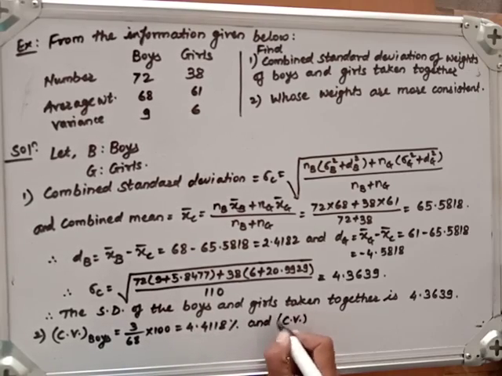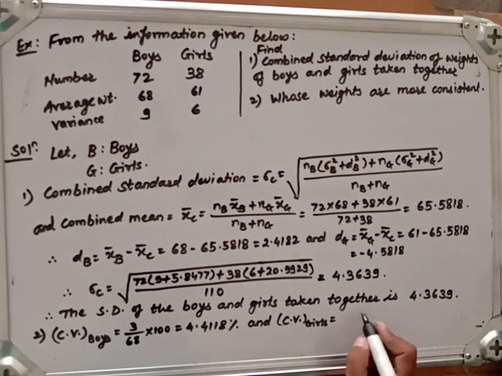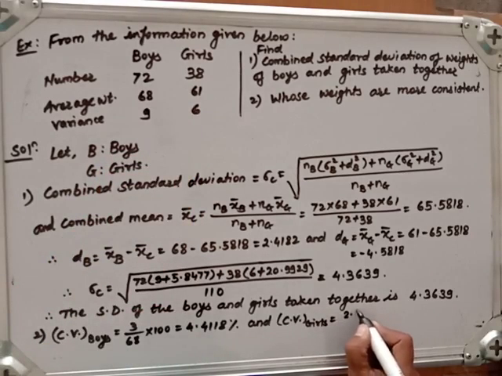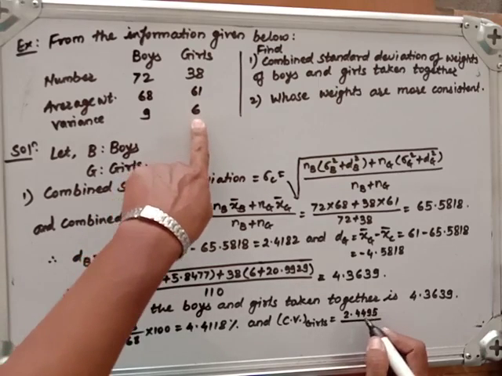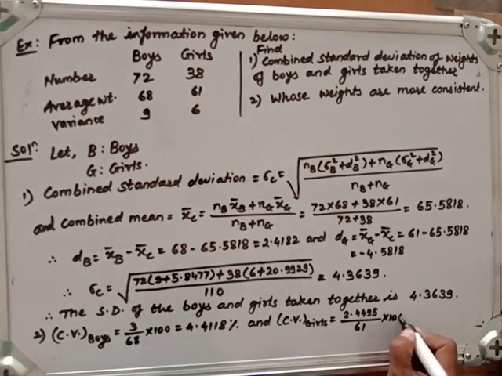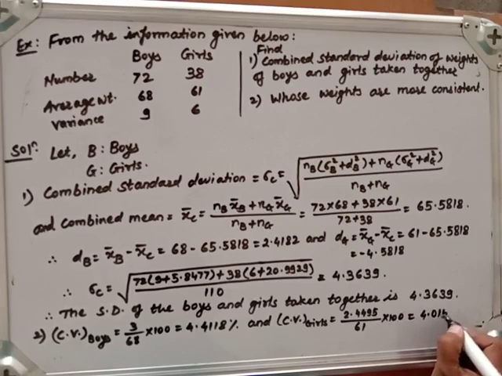CV for girls: the variance is 6, so we need to determine the standard deviation, the square root of 6, which is 2.4495. Remember this was the variance. Upon the mean, 61, into 100, this is 4.0156%. Now the CV for girls is less than the CV for boys.